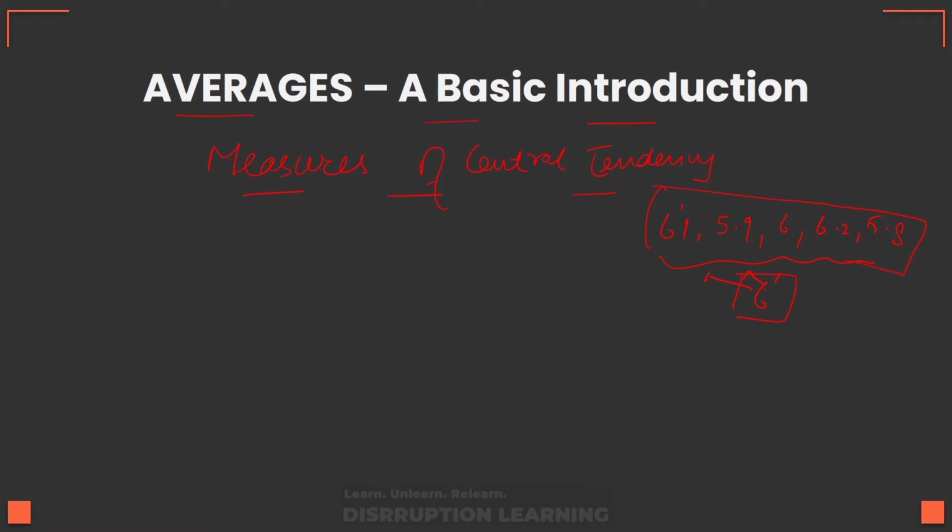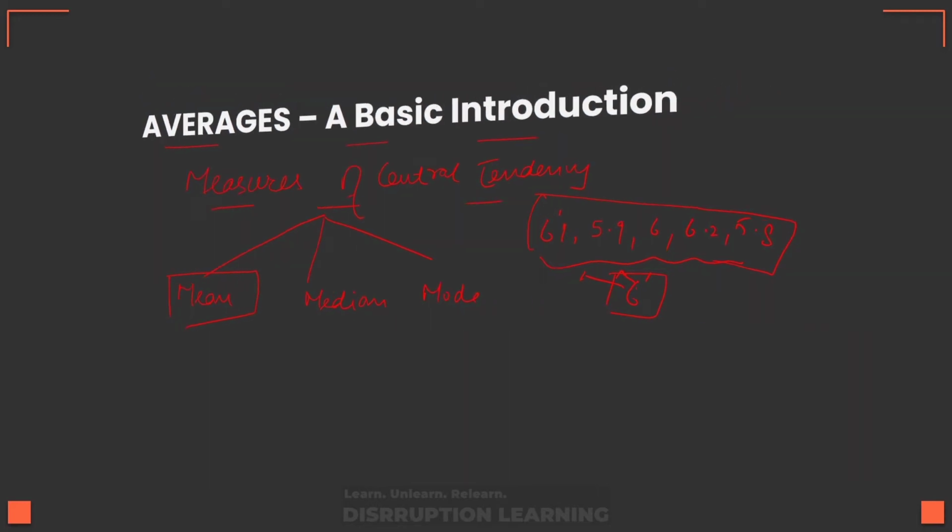Even in measures of central tendency, we have 3 major statistical terms, which are mean, median, and mode. What we are interested in for learning averages is mean.